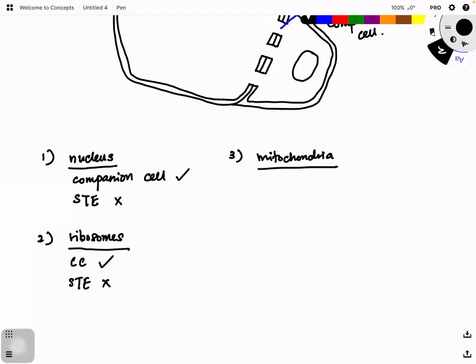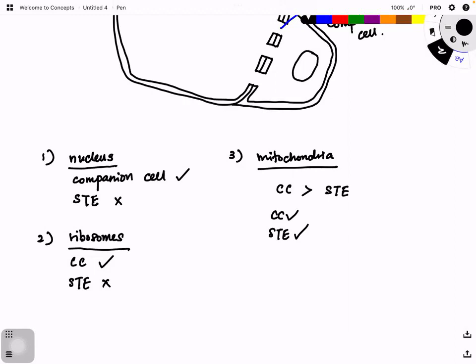Companion cells will have more compared to the sieve tube elements. Are you clear? Both of them have mitochondria, but in terms of number, the companion cell will have more.